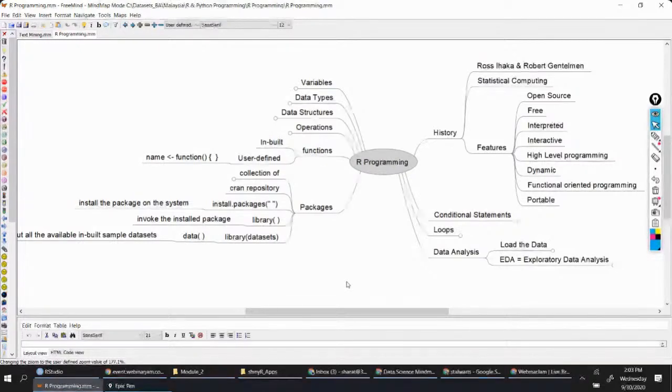So we started with the foundational concepts of R programming. Then we understood the packages, which are nothing but a collection of multiple functions, data sets, and documentation. These are all predefined, pre-written functions.